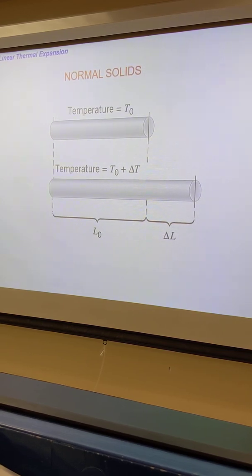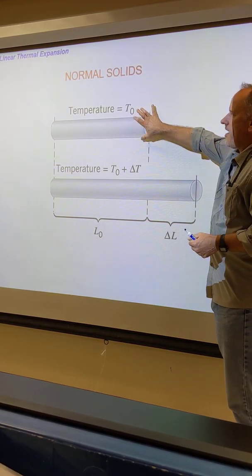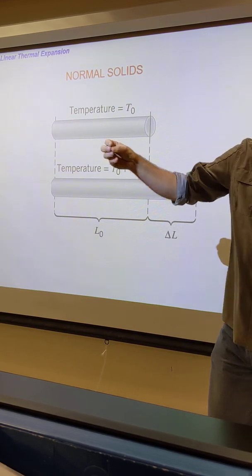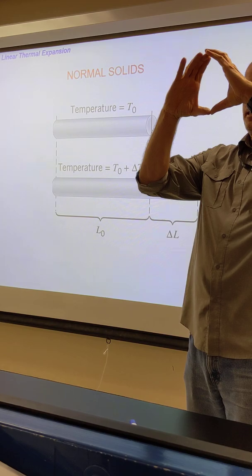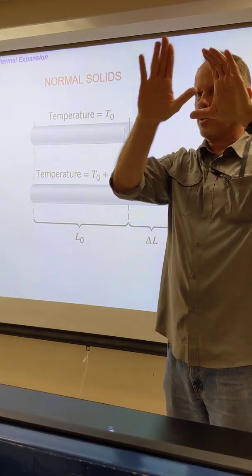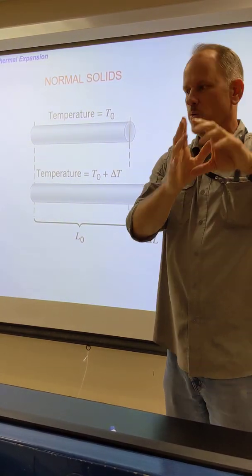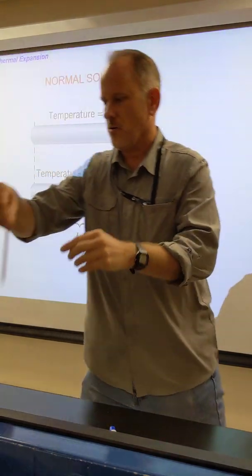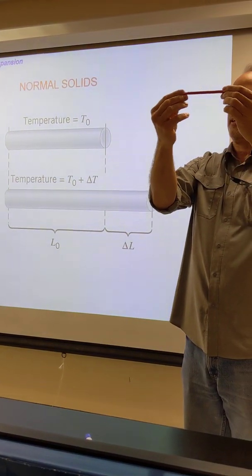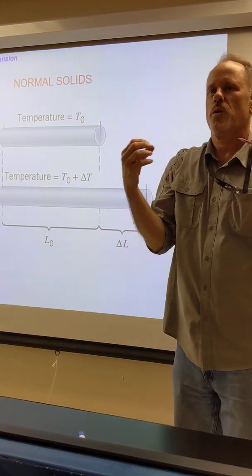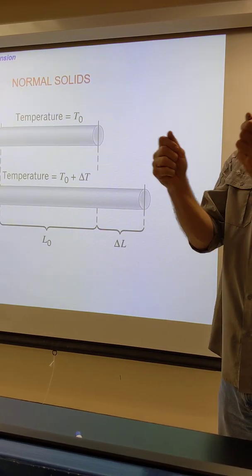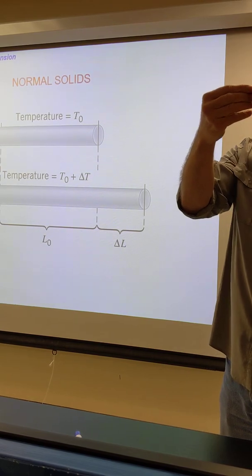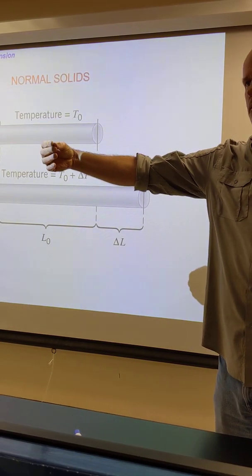So think about this idea where I have a long, thin rod. We're not talking about anything that has a big cross-sectional area. We're talking about a rod that might be long and thin like this. So when we change its temperature and it wants to expand or contract, it only does so along its length.